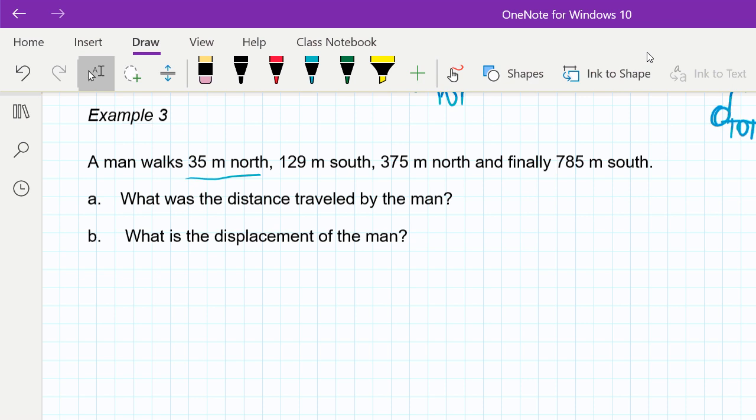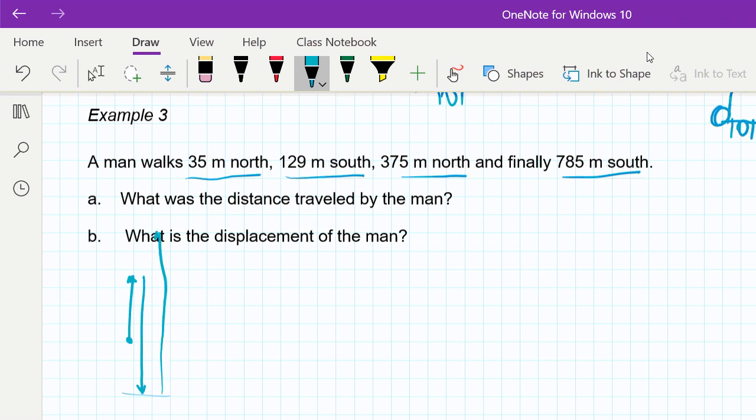So a man walks 35 meters north and then goes south and then goes north and then finally south. If we draw the situational diagram, you will see something that is going north, then south, then north again, and then south.